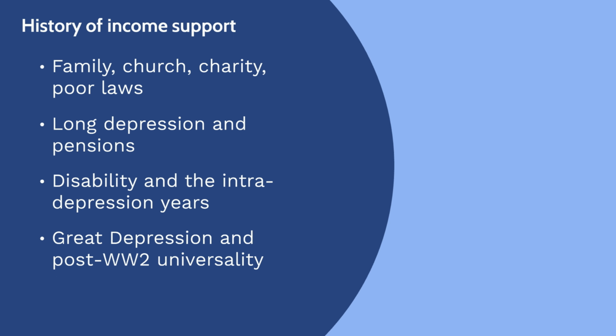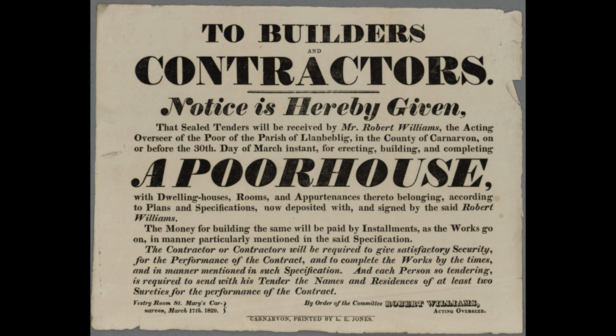Now, when someone doesn't have sufficient income, they can fall into substantial hardship. And prior to the Industrial Revolution, you would have a family unit that would insure you in some way, protect you against income loss. You would have a church where people would share their income or support each other. There would be charities. And then once you started getting quite large social disruption with the Industrial Revolution and a lot of people moving to cities, you had things like the poor laws introduced in the United Kingdom.